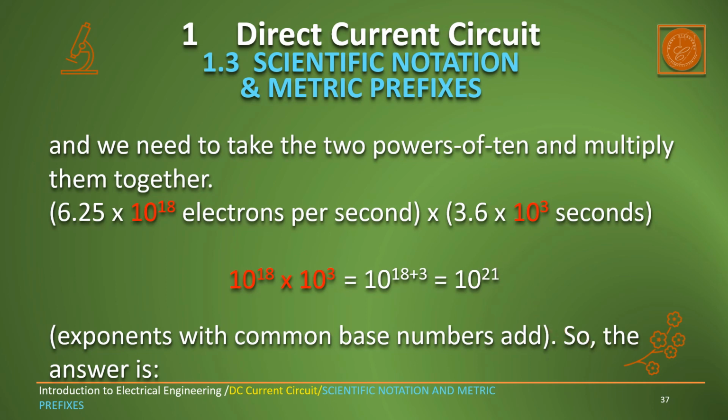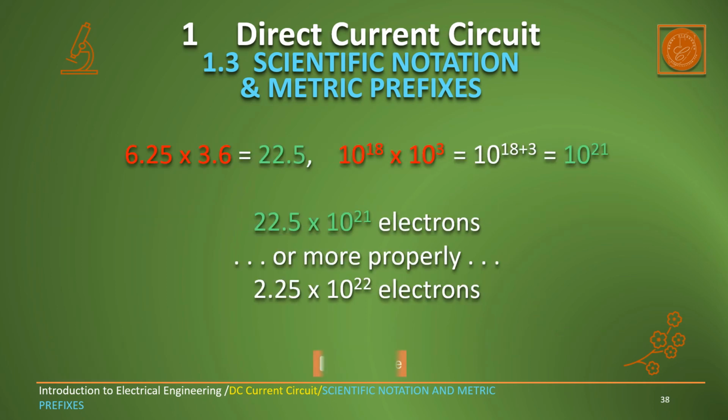So the answer is, we get 2 sets of numbers. One is from 6.25 times 3.6 equal to 22.5. The other one is 10 power 18 times 10 power 3 equal to 10 power 21.